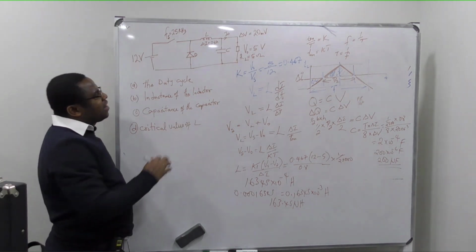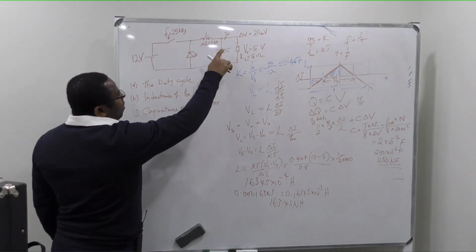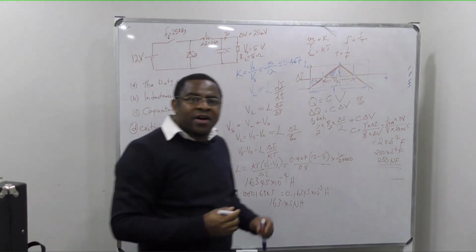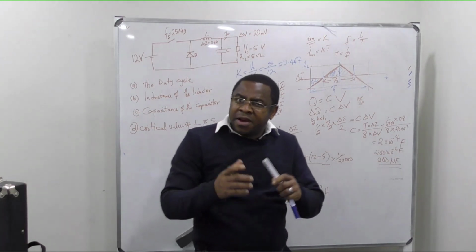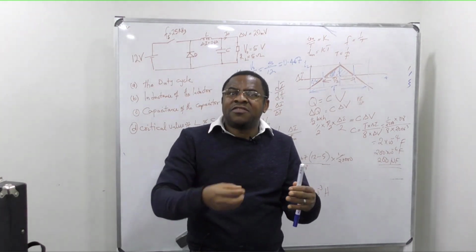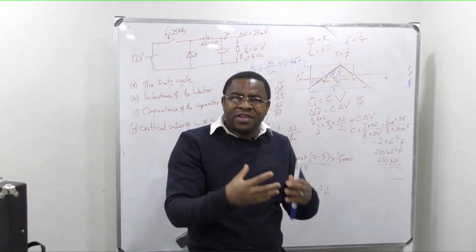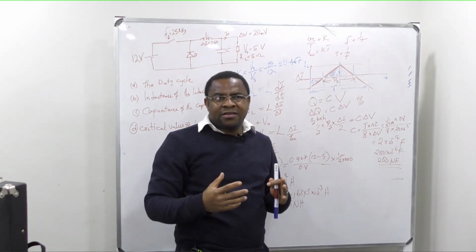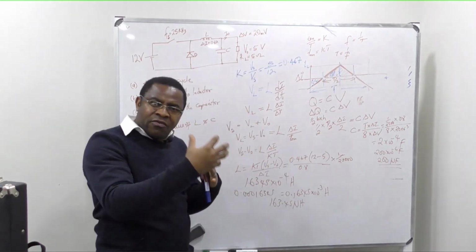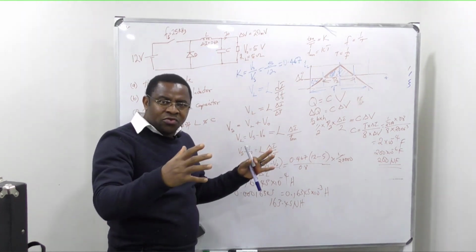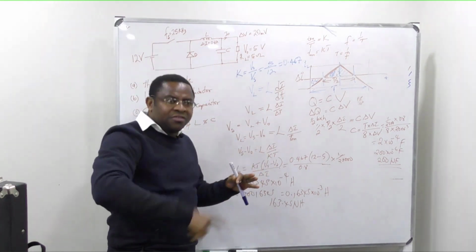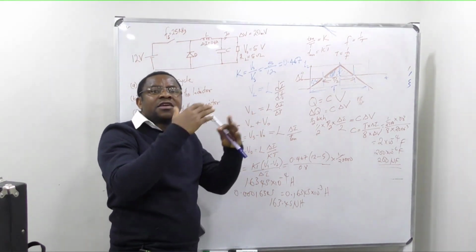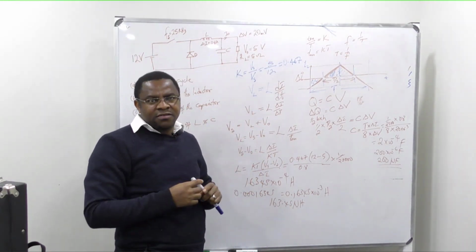And also the critical value of C, L and C. Remember, by the time you'll be doing your simulation, you will see that the value of the inductance will affect the ripple. If there's a bad value of inductance you put there, you'll see a very big ripple. So there must be a critical value of your inductance.